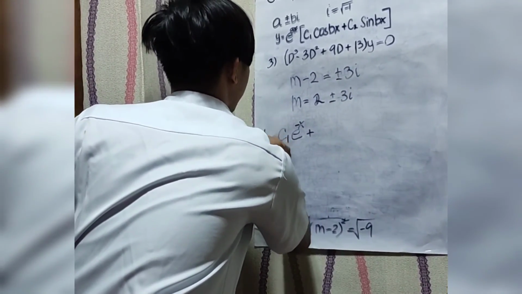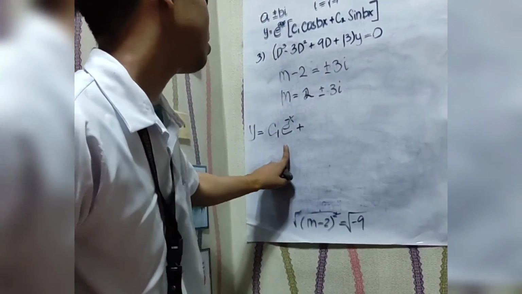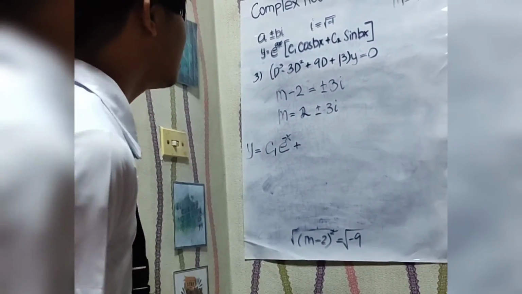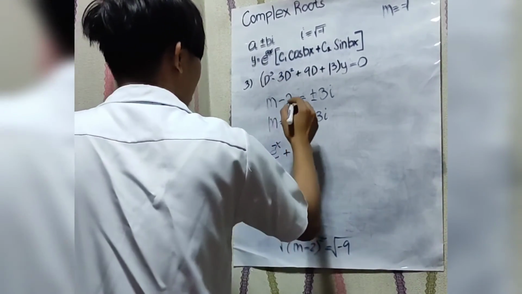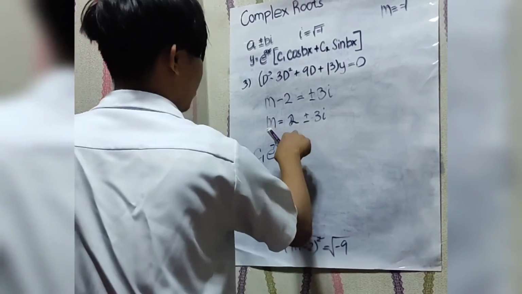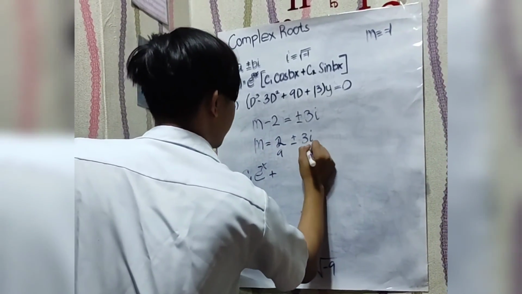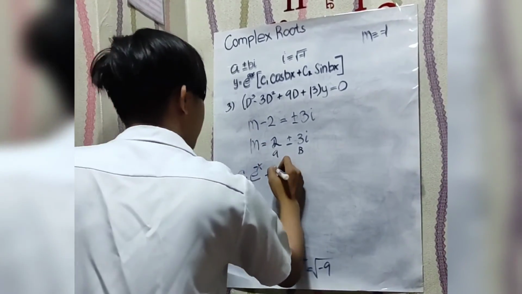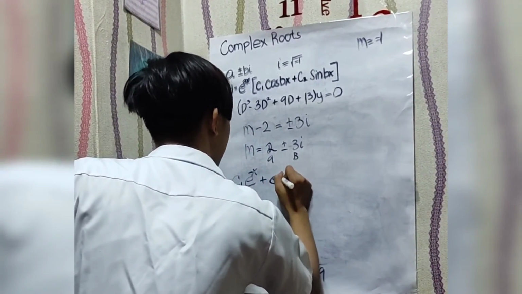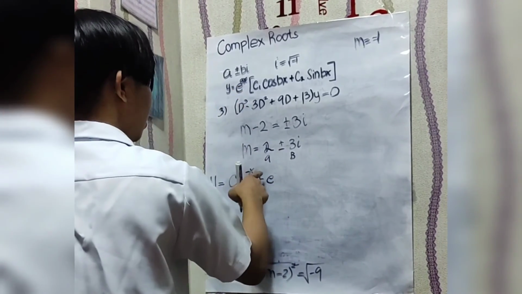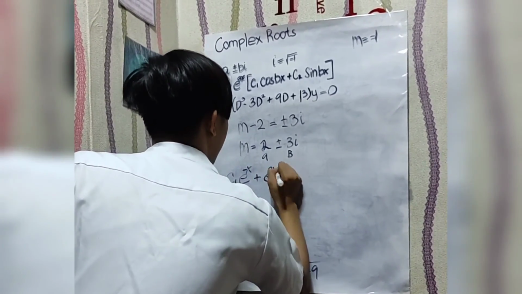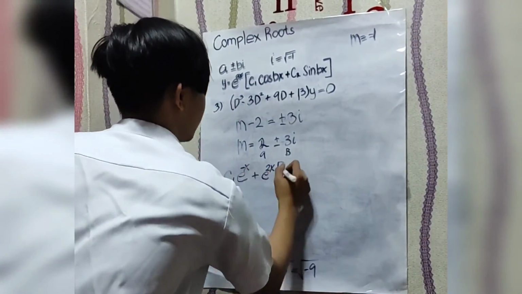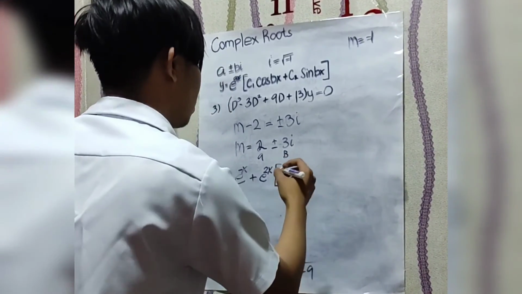Y is equals to C1 times E raised to negative x plus, ito pala yung A natin, ito yung B natin. E raised to AX, ano yung A natin is 2x, times C2 cosine BX.